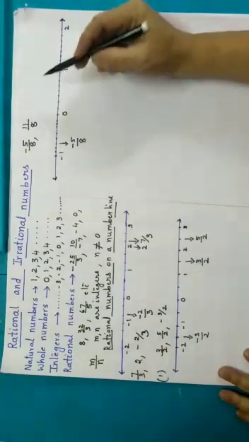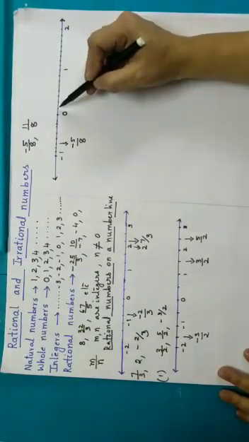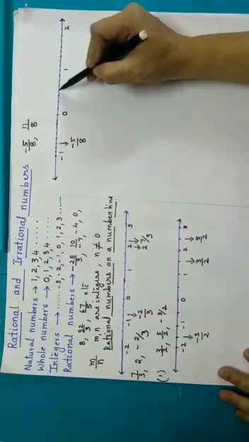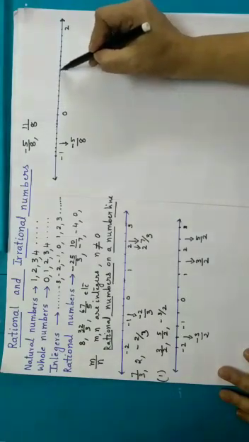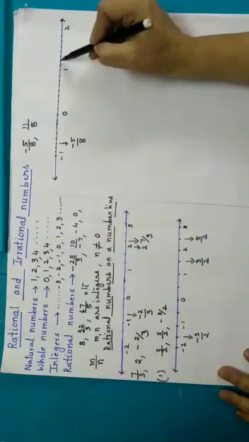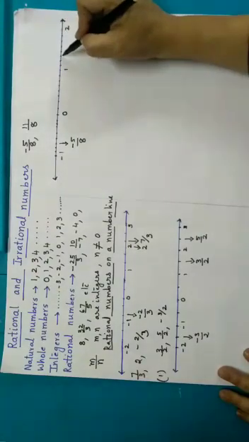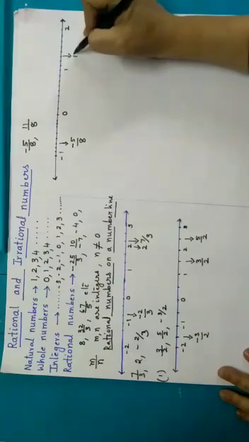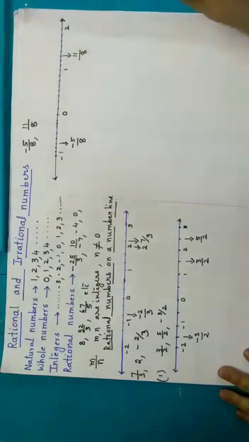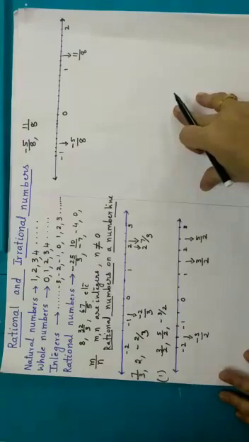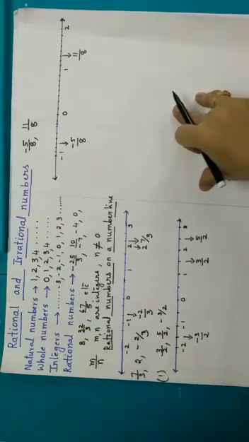Then go to 11 upon 8. Positive, right side of 0. 1, 2, 3, 4, 5, 6, 7, 8 comes here. 9, 10, 11. So this is 11 upon 8. This way we can show the rational numbers on a number line.